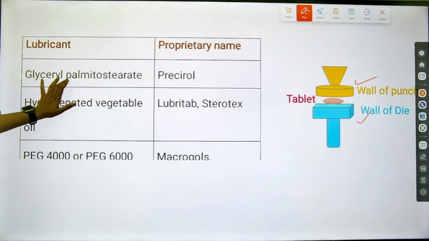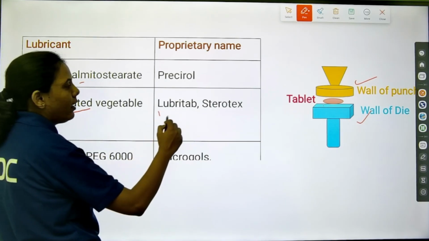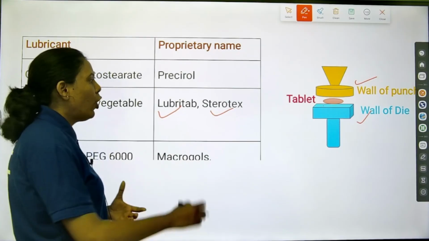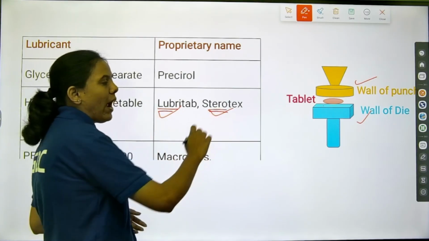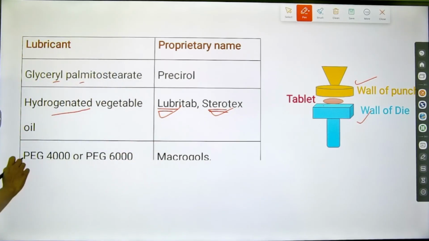Examples are glyceryl palmitostearate, and the trade name, proprietary name, is very important, that is Pressirol. Next is hydrogenated vegetable oil. You have Lubritab and Sterotex. It is quite easy, the trade names. Lubritab definitely indicates it is a lubricant. Stero, at least from the stearate derivative you can remember it is Sterotex.